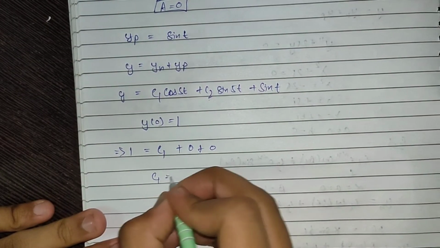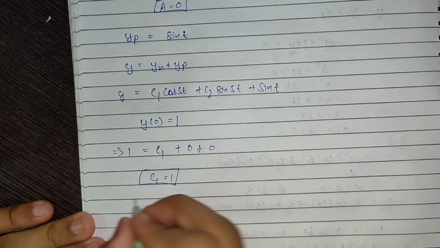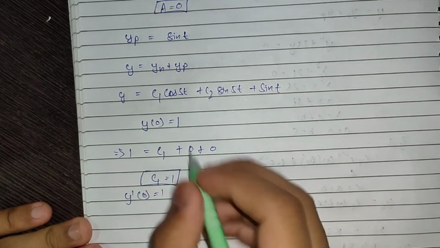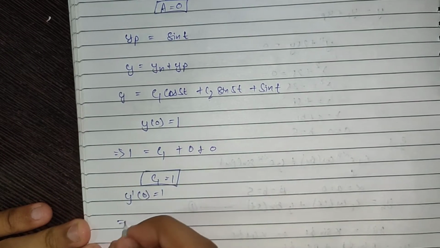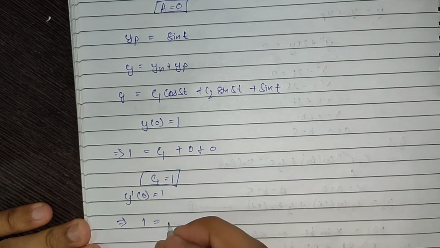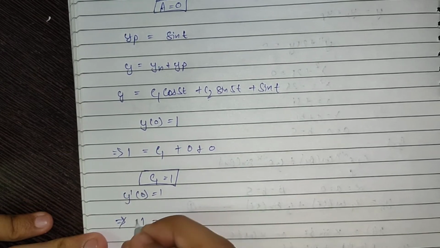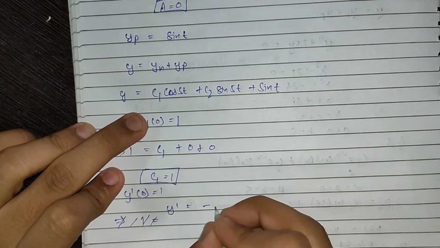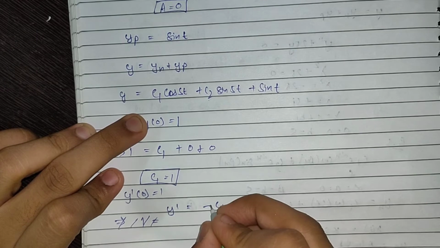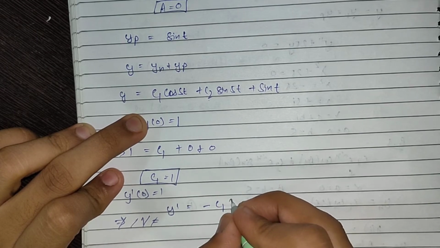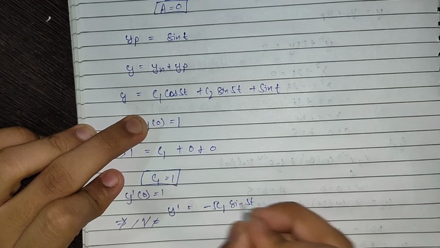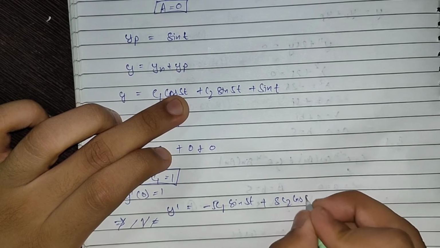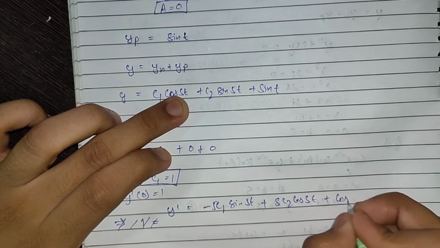So c1 here is 1, and for c2 we'll apply y dash (0) is equal to 1 in our y dash equation. So we'll get 1 is equal to, let's write y dash first, which is minus 5c1 sin 5t plus 5c2 cos 5t plus cos t.